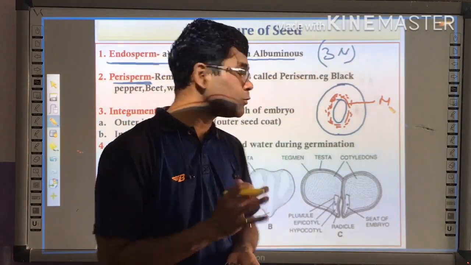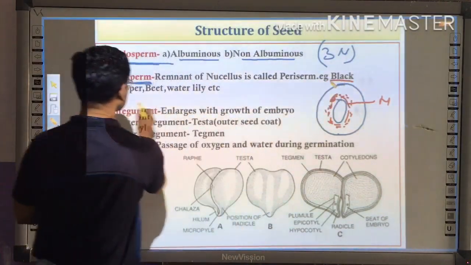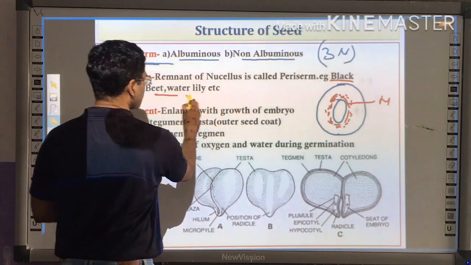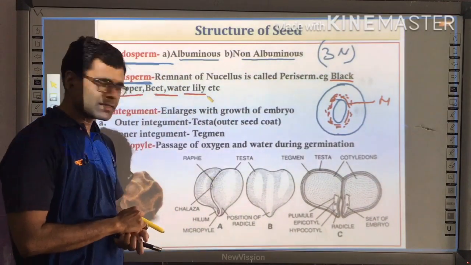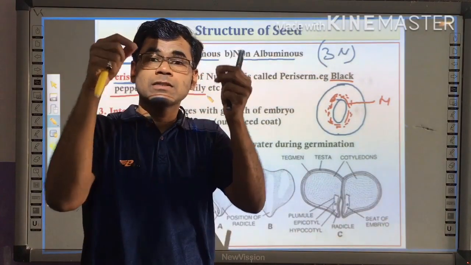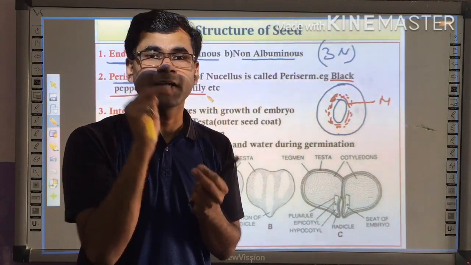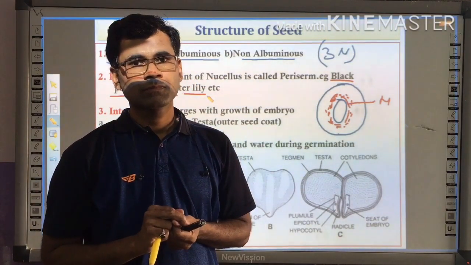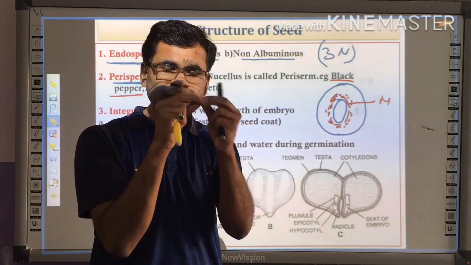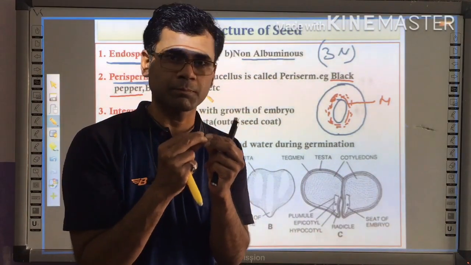But if you take a few examples such as black pepper, beet or water lily, in these seeds the nucellus persists in remnant form, and this remnant nucellus is known as perisperm.